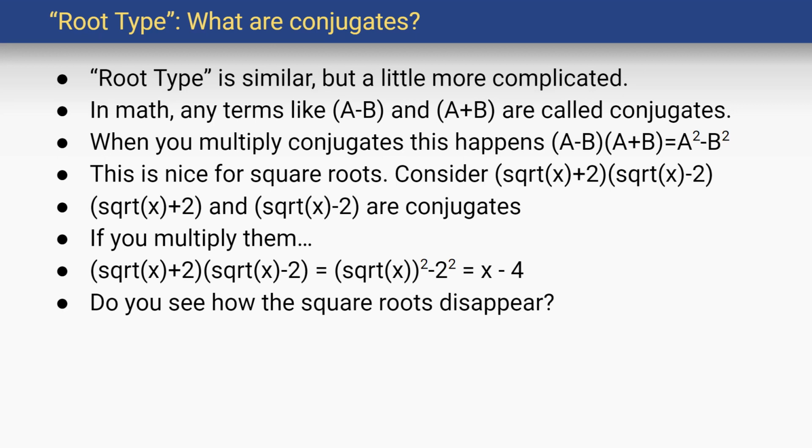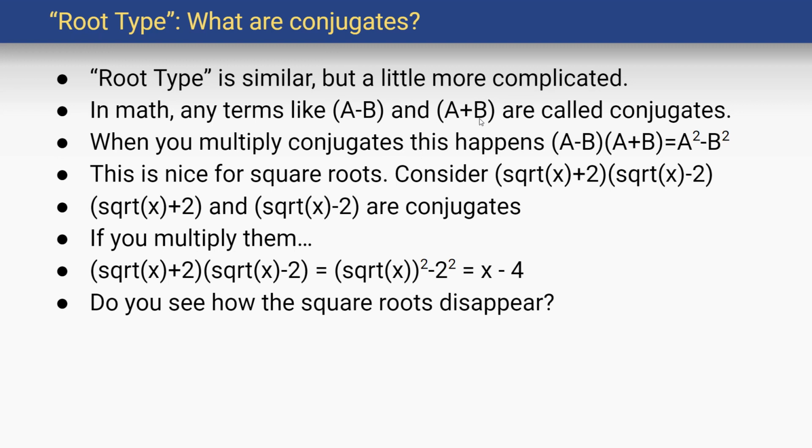But each time you see it, it might be a little bit different depending on the discipline of math you're dealing with. At the end of the day, any terms a minus b and a plus b are conjugates. And so the difference between a minus b and a plus b, of course, is that one has a minus sign and one has a plus sign.